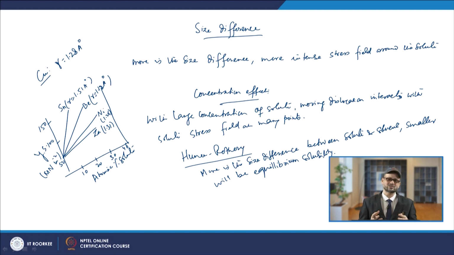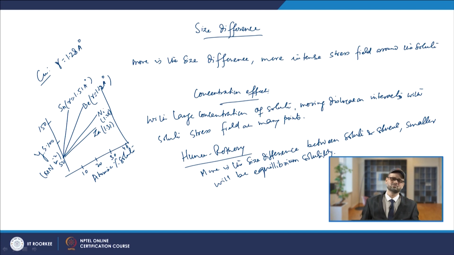You cool it fast so that you can trap a larger concentration of the solute at room temperature, which otherwise is not possible. That is how we also try to have strengthening, by going into the zone where the solubility is more, and then cooling it fast, or quenching it.